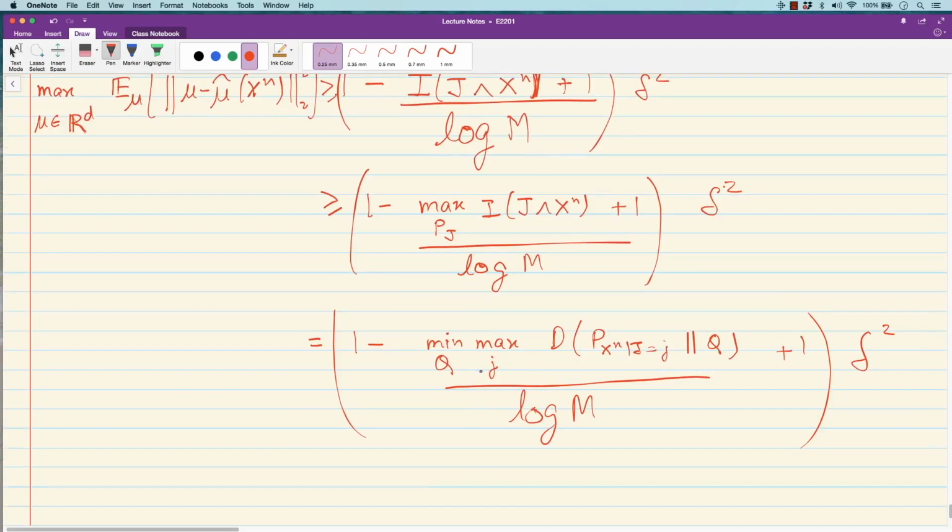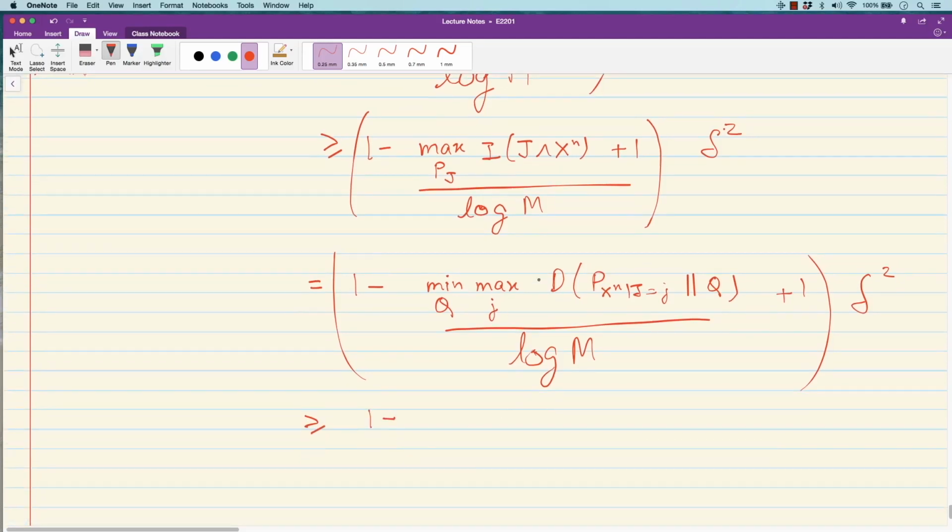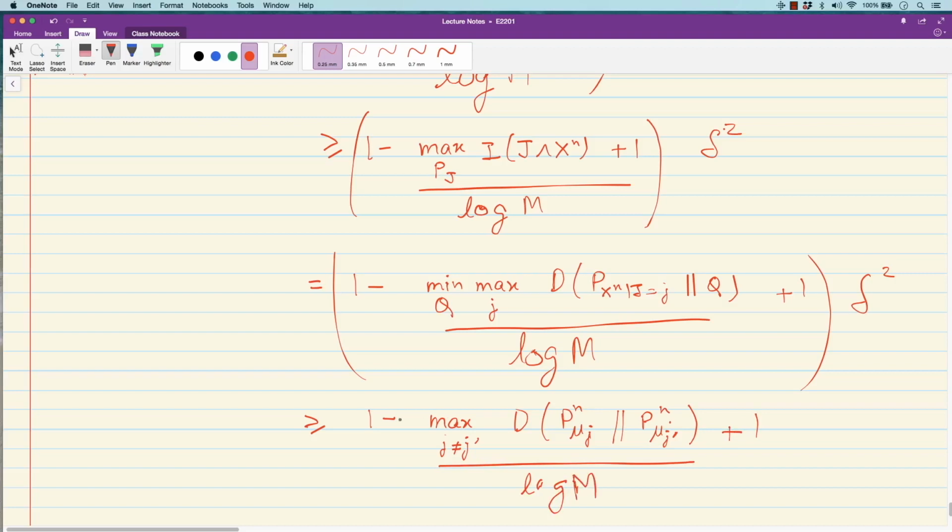Times delta square. And in fact, we can substitute this q to be some j prime. Remember, I gave a bound called the diameter bound. So this is max over j not equal to j prime. What are these distributions? The first distribution here is P^n with mean mu j, so the Gaussian with mean mu j and covariance unit matrix, and the second with mean mu j prime. That's the bound I'm using, plus 1 by log m.